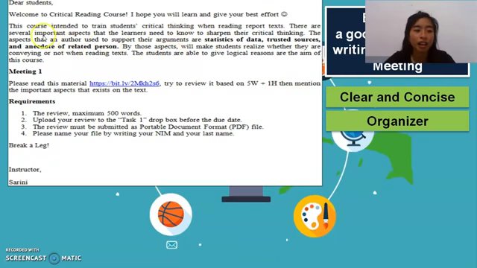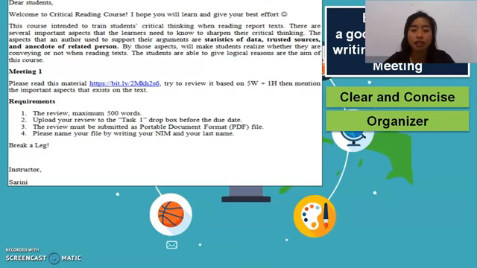Organized means that at first, the lecturer welcomes and greets the students, with the first sentence and the second sentence. Then the course is intended to train students, which describes the course, and then meeting one, what the students do, and then the requirements. The lecturer provides the right requirements, and the lecturer also gives encouragement to the students and gives the name of the instructor.